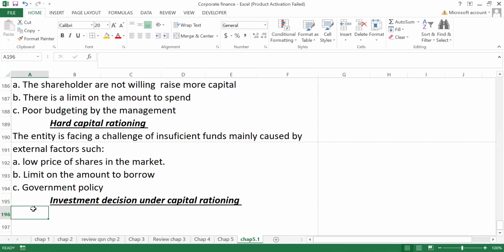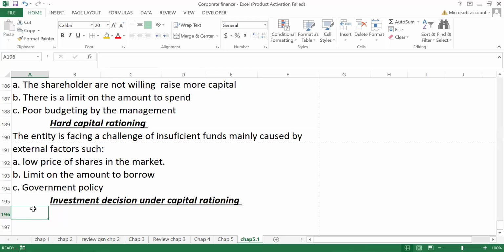Now, when we are to make an investment decision, we divide our projects into two. We have projects that are divisible and projects that are not divisible. If the projects are divisible, it means you can implement those projects in phases.